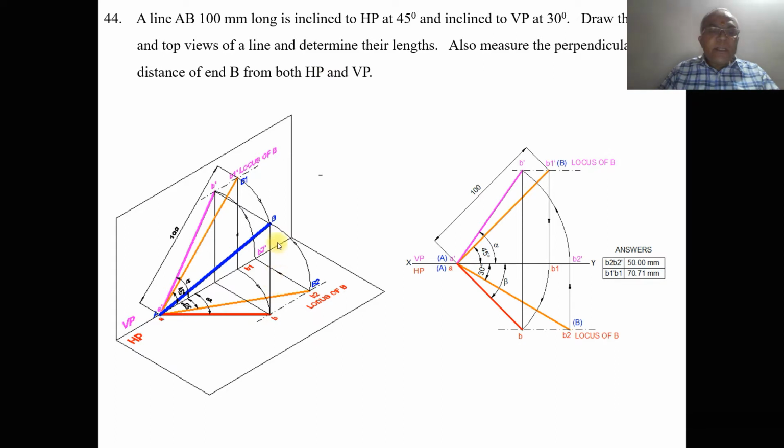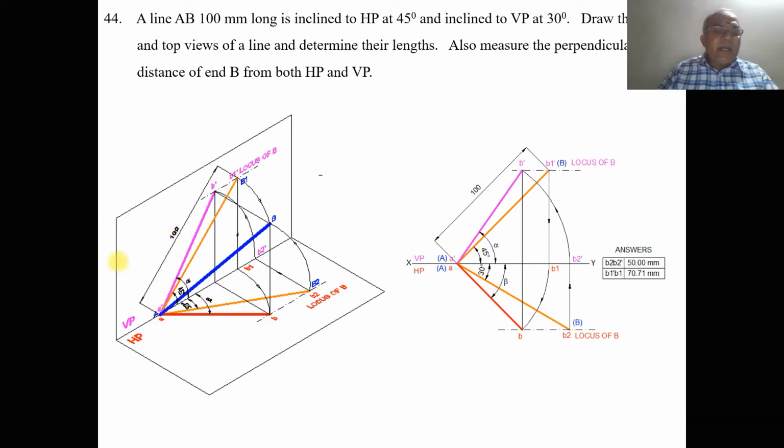So what is the perpendicular distance? The distance of B, this is the perpendicular distance with respect to HP, and this is with respect to VP. So we need to find out this distance. This is the minimum distance you will get when end A is resting on both HP and VP.